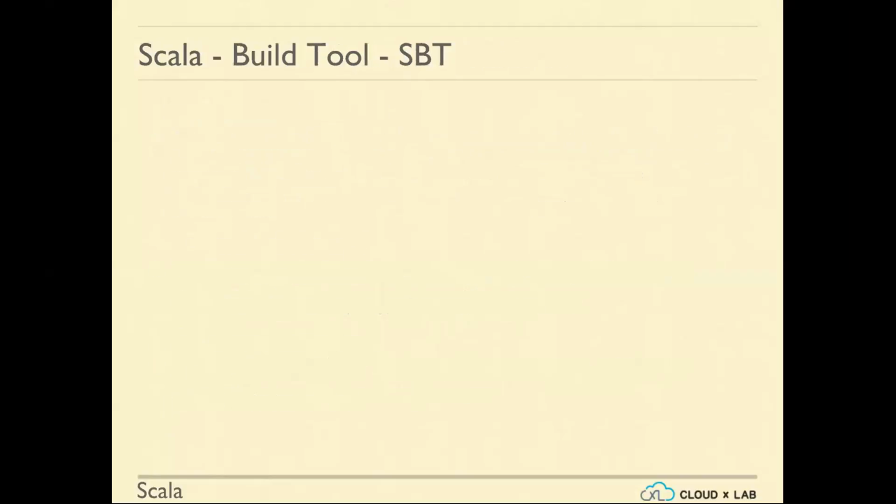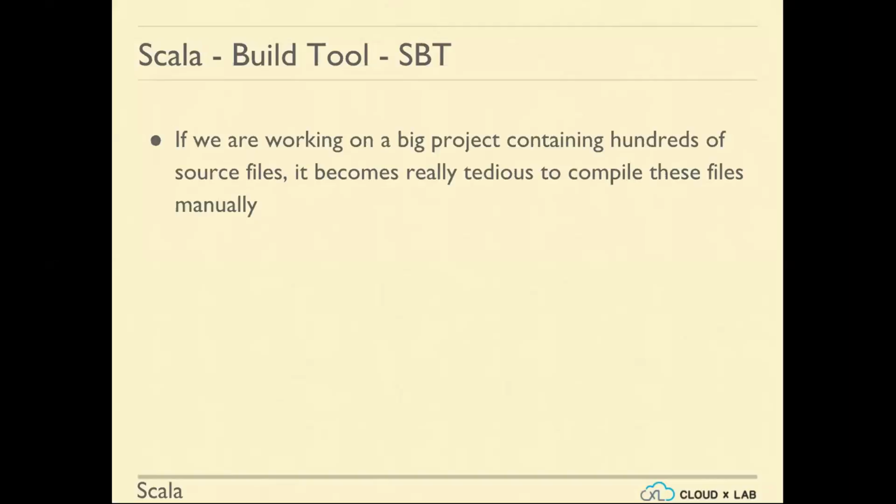So the next point is that when we are working on larger projects, then we generally use SBT, the Scala build tool. Scala build tool basically helps us compile hundreds of source files, and it makes life easier.